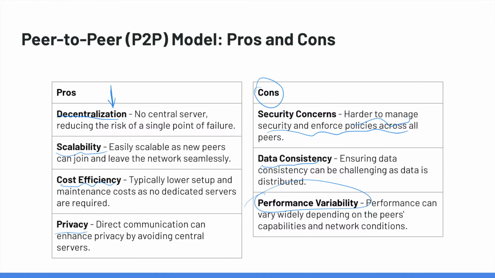Versus with a server, that server has the same internet service provider. We're still going to have some variability in how fast we can access data, but it's never going to be a question of how fast the server can communicate with us. It may be fast, it may be slow, but it's going to be consistent. Versus with peers, with a bunch of different computers, we don't really know what we're going to get.